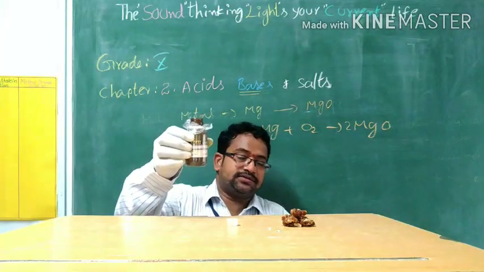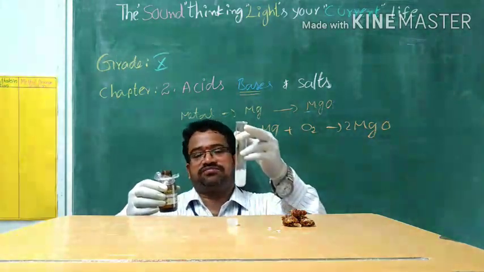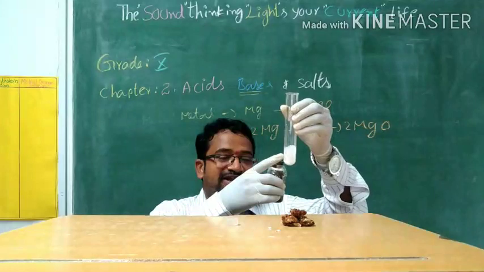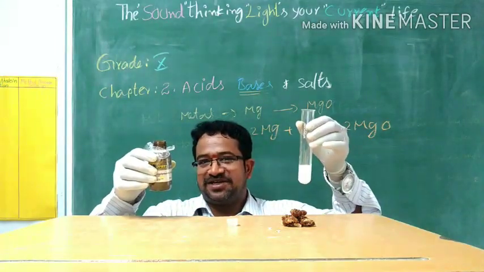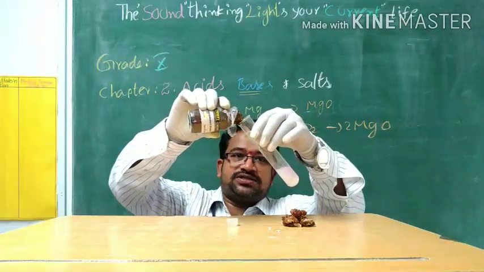I am going to add it to the base. What is the color, children? Very good. Pink is correct. So if what we did is correct, it turns pink. Otherwise, don't suspect. I am going to add this one to this.